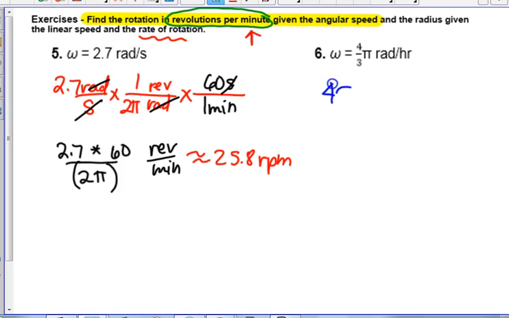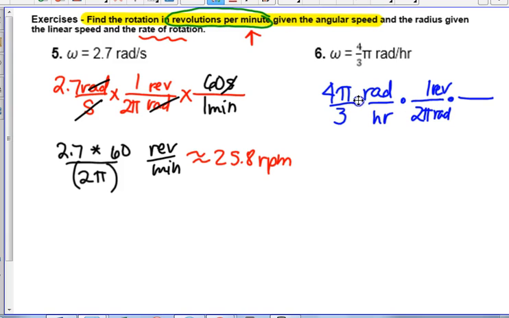Okay, 4 pi over 3. The label is radians per hour. You can put it on the whole thing, or you could actually say it's 4 pi radians in 3 hours. It's the same difference. What do we need to do? We want revolutions per minute. Radians, revolution, what else?